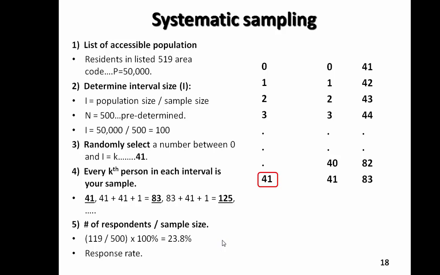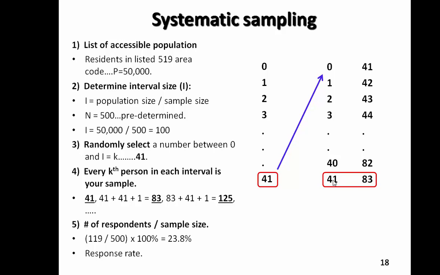To illustrate the process in which step 4 is carried out, we start by counting the number of individuals in the 519 area code that are accessible, and we originally determined there were 50,000. We count out to the 41st person that is contacted, and then starting over again, we see that the next person would be number 83.